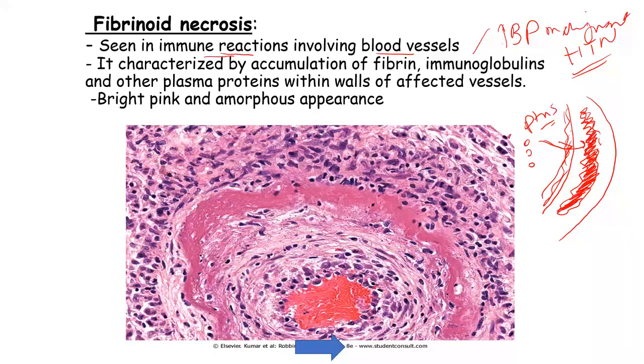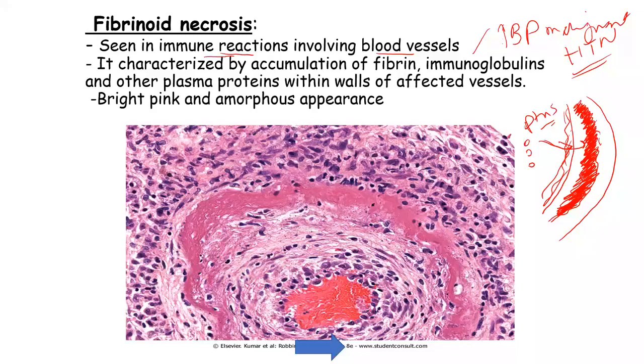This protein looks glossy, eosinophilic, and the wall of the blood vessel is weakened because you lost part of the wall, and it is replaced by something more or less liquid-like, proteinaceous, and this replaces the media, and so the vessel wall becomes weakened.